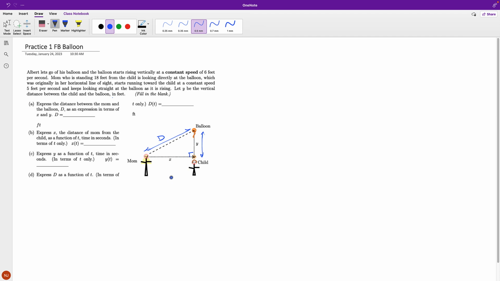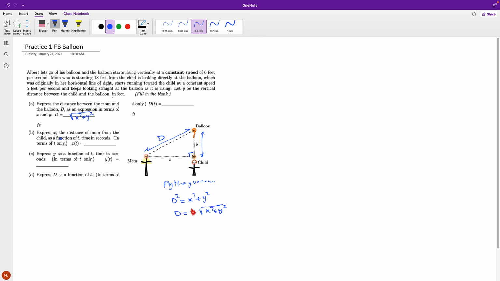Therefore, I have a right triangle, and by Pythagorean, d squared is equal to x squared plus y squared. And so d is going to be plus or minus the square root of x squared plus y squared. But I realize d is the distance, and the square root is a positive value, so I just go with the square root of x squared plus y squared.